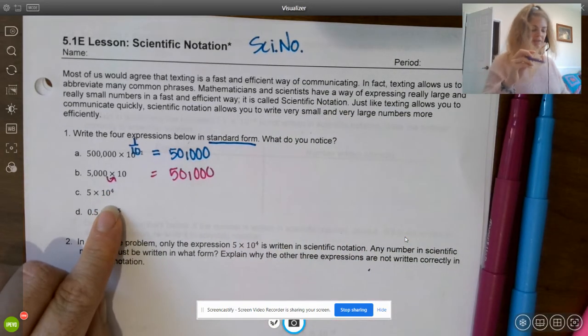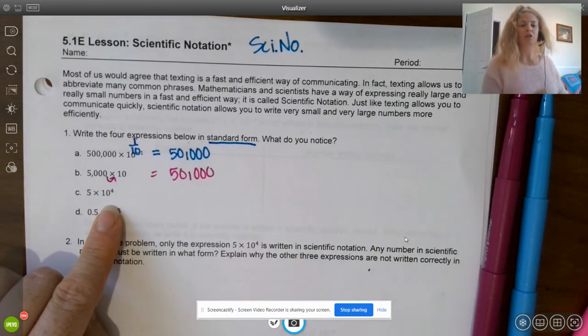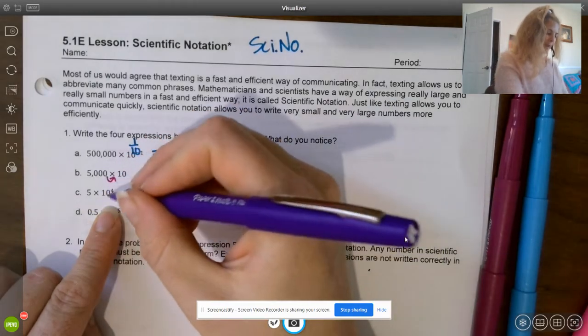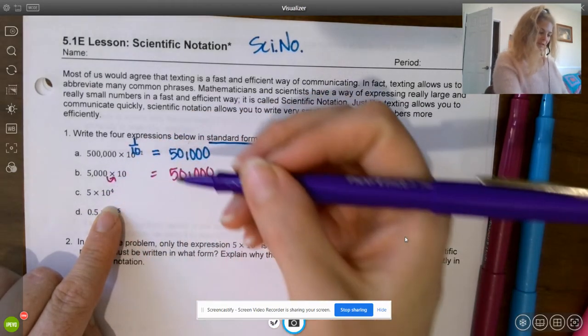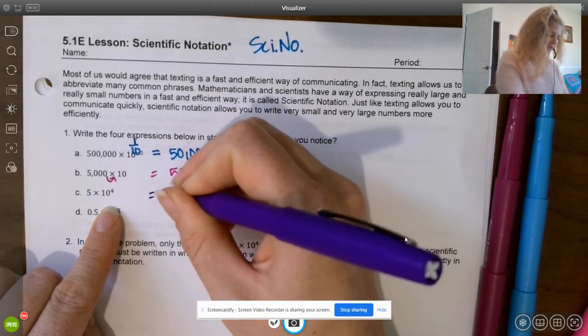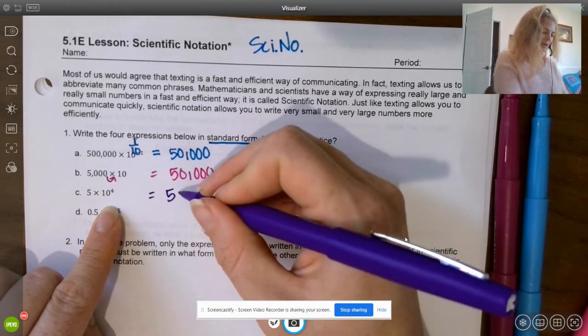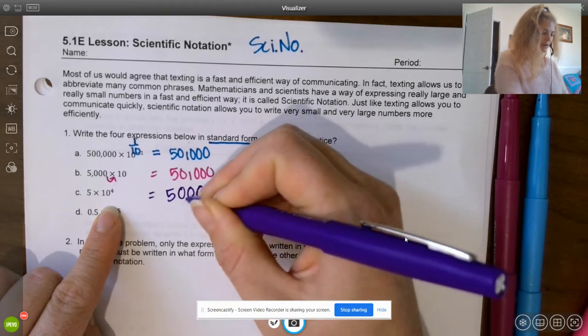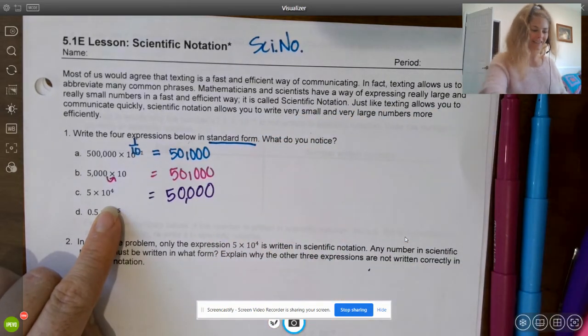The next one is 5 times 10 to the 4th. We're multiplying by a power of 10 since we're in the decimal system. Each decimal place is a different value of 10. This is going to be 5, and I'm going to add 4 zeros to represent the 4 decimal places: 1, 2, 3, 4. Again, 50,000.